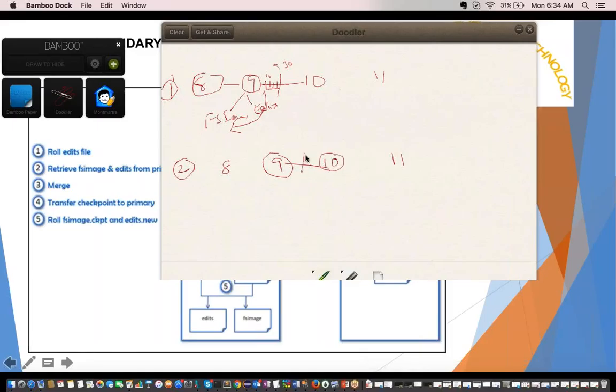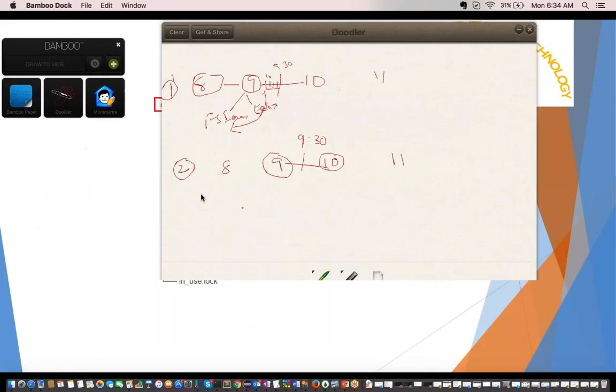Will I have any data loss? Will I lose any data? From 9 to 9:30, I have done 10 transactions. Just assume that I have done 10 transactions, and the name node has the latest fs image and those 10 transaction edits.